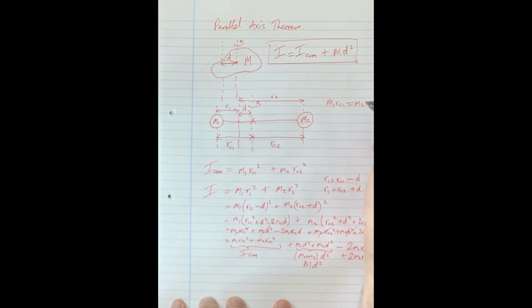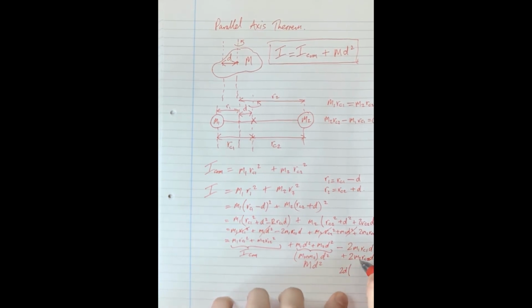What that means then is if I have M2 RC2 and I take away M1 RC1, so M2 RC2 minus M1 RC1, I'm going to be left with, on this side, because I've taken that away, 0. And if we go back to this, here the like terms are 2 and d, so here I've got 2d times M2 RC2 minus M1 RC1.